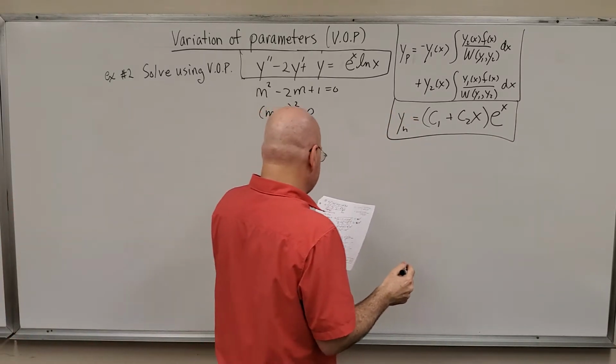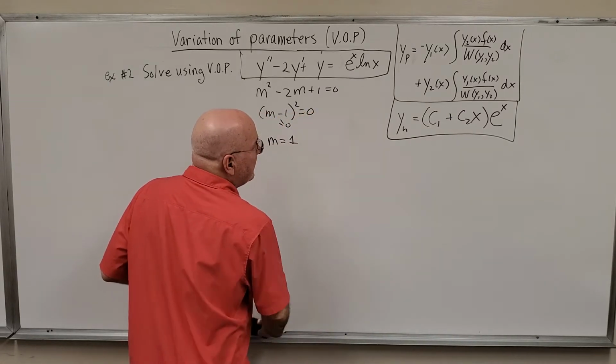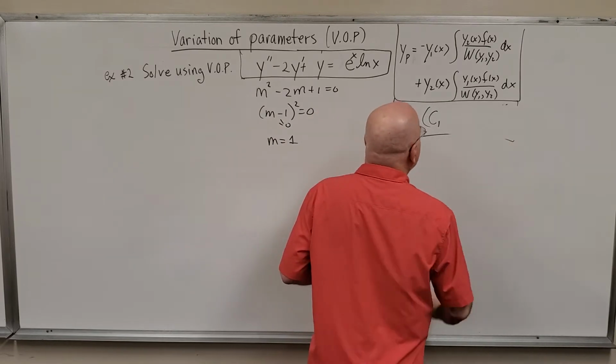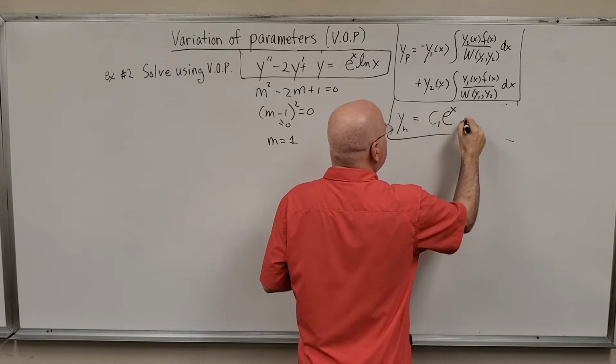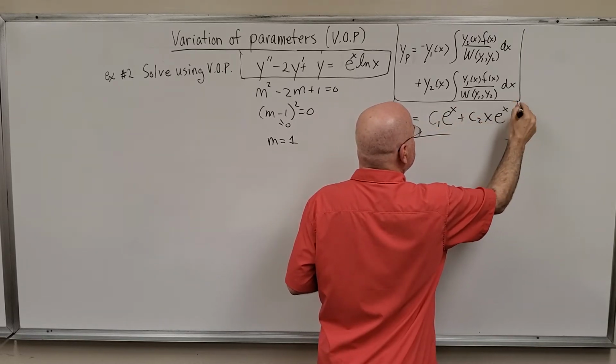By the way, I'm going to rewrite that. I don't want the e to the x factored out, so I'm going to have c1 e to the x plus c2x e to the x.